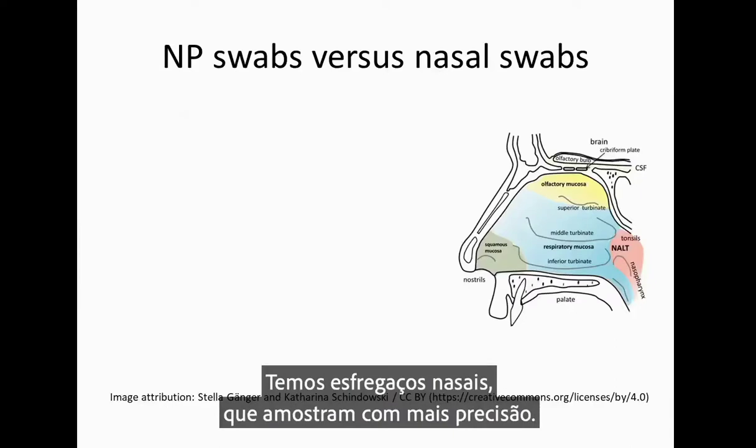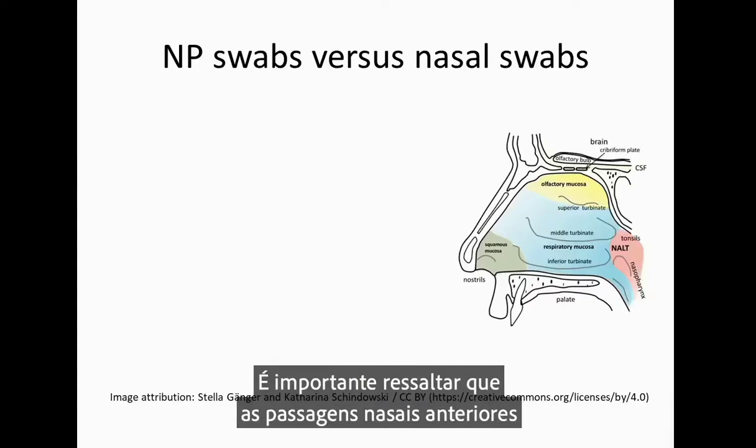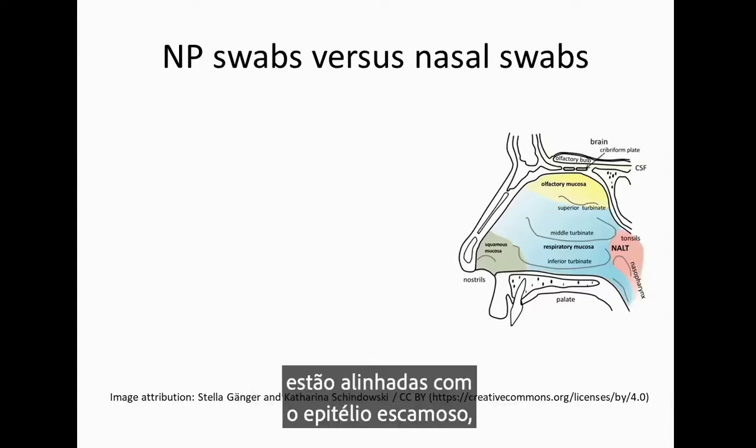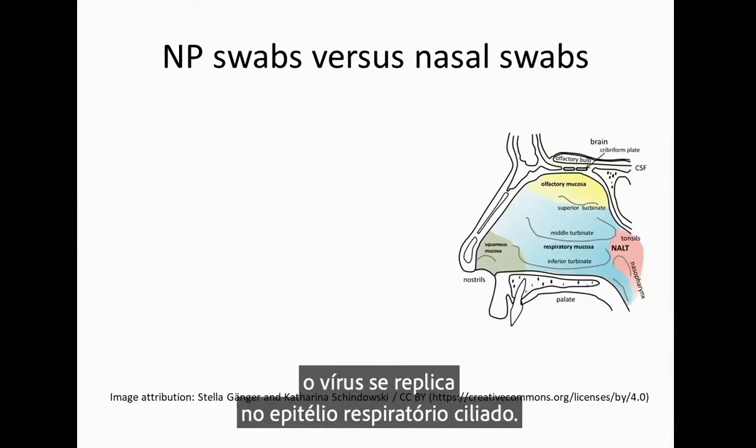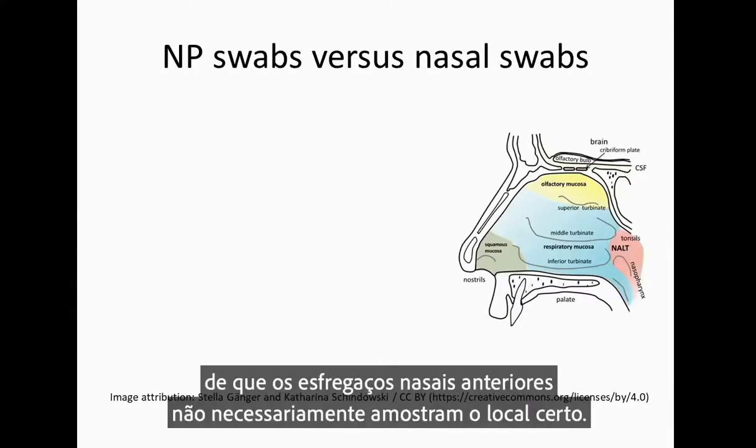We have nasal swabs that sample more interiorly. Importantly, the anterior nasal passages are lined with squamous epithelium. The virus replicates in ciliated respiratory epithelium. So there's some theoretical concern that anterior nasal swabs may not necessarily sample the right place.